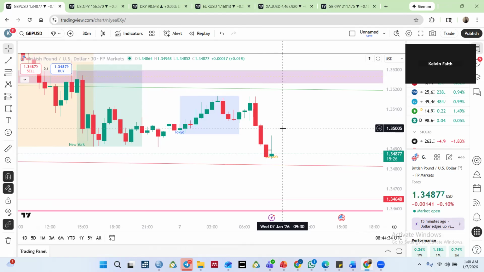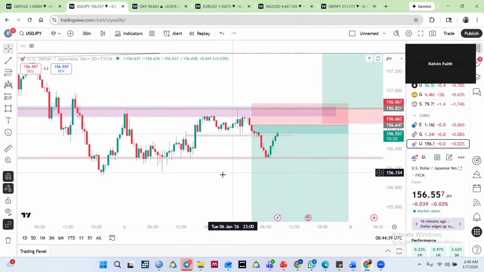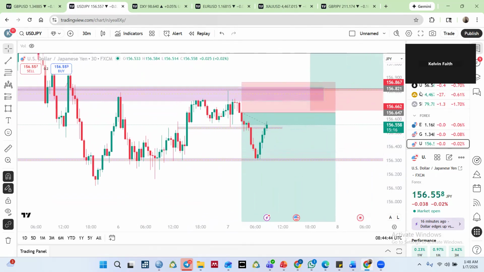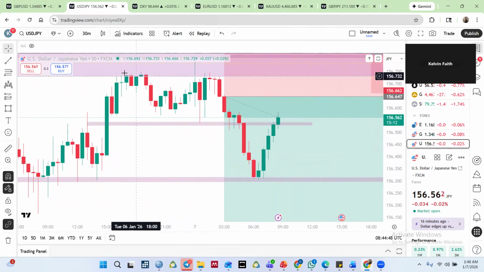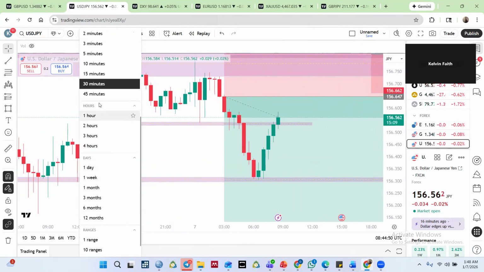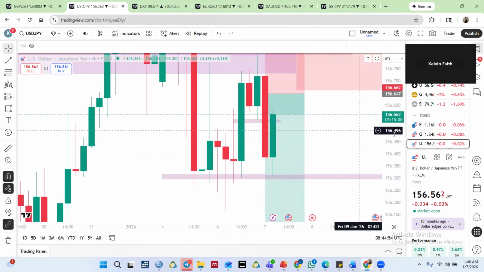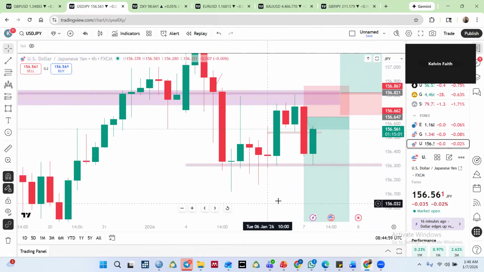GBP USD is rejecting. Everything is rejecting. USDJPY, 4 hour. Are you going to go up or are you going to reject and drop at some point?